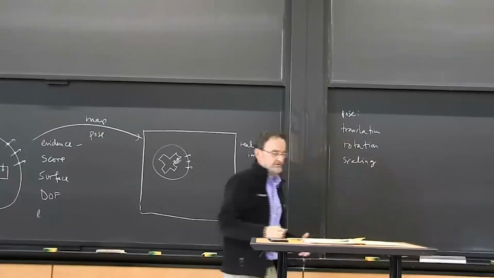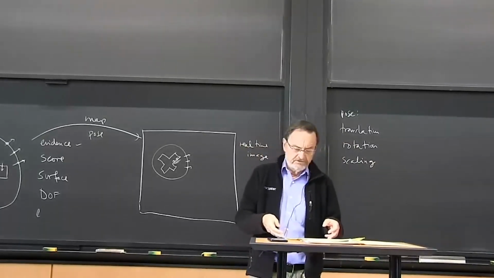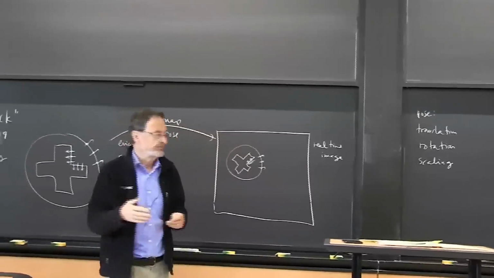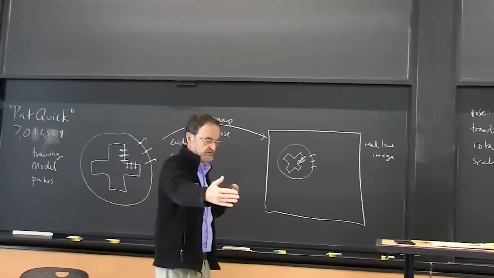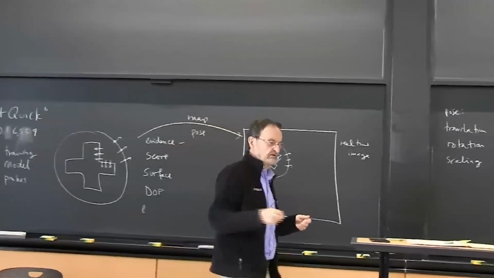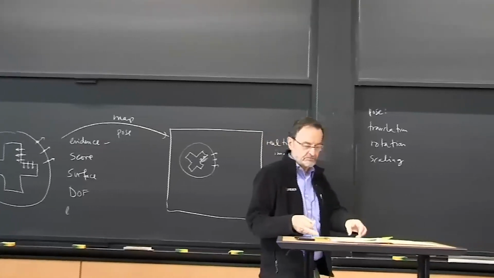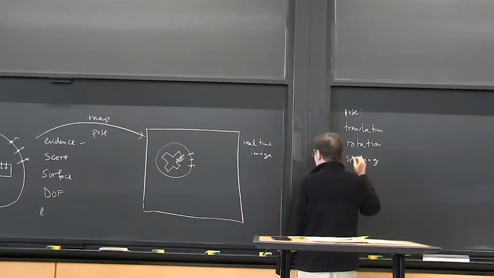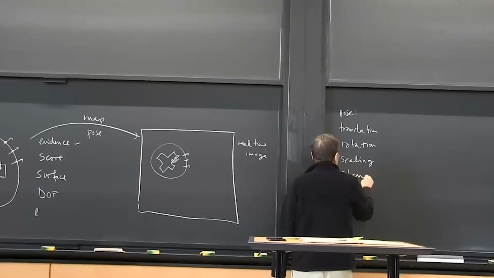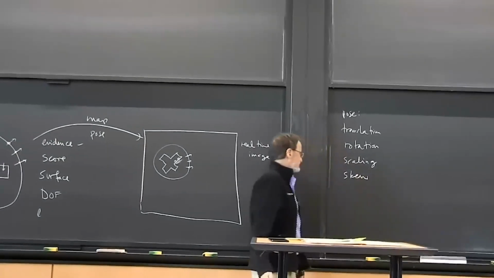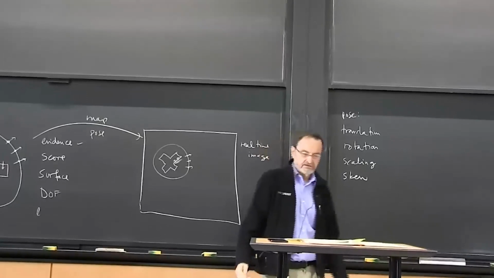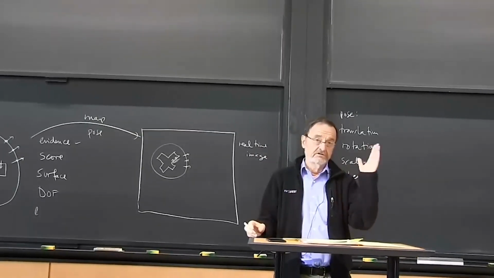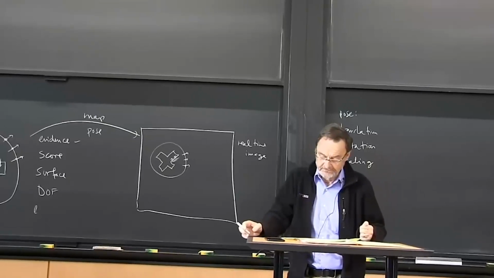Now, scaling may not be necessary because maybe your objects are all the same size, and maybe you're not dealing with the change in size due to change in distance because you're using a telecentric lens, so there won't be a change in size. But, you know, we allow for that. Then there's skew, where, instead of rotating both x and y axes by the same angle, we rotate one by a different angle.